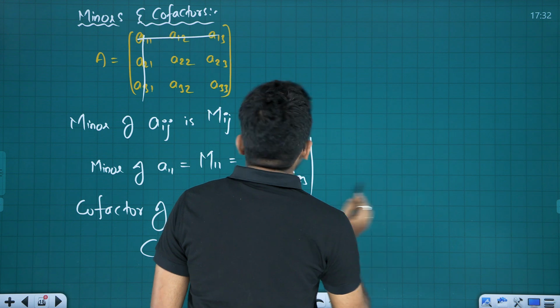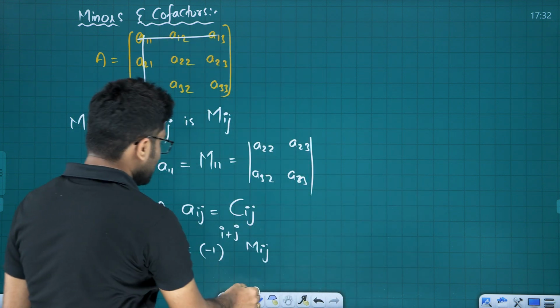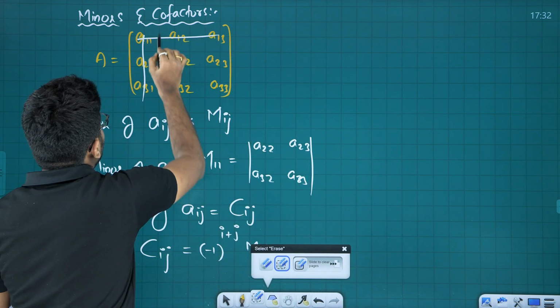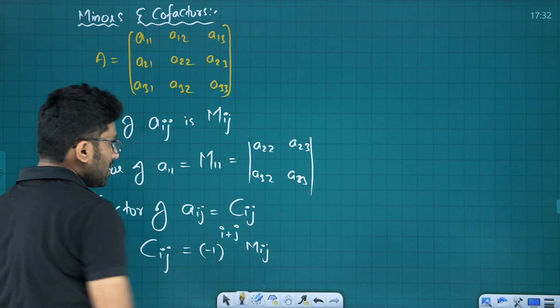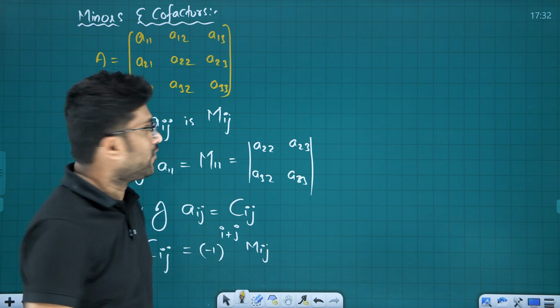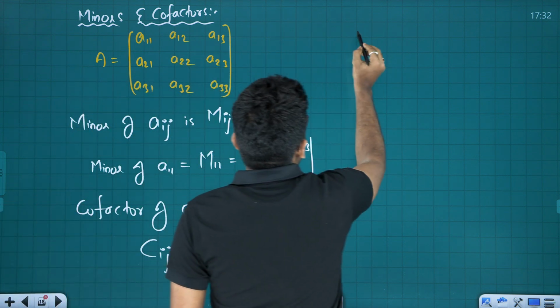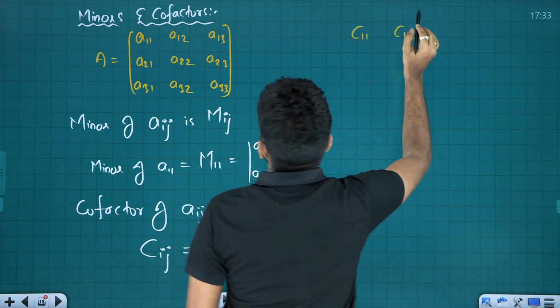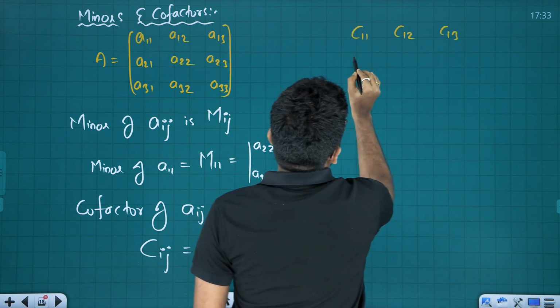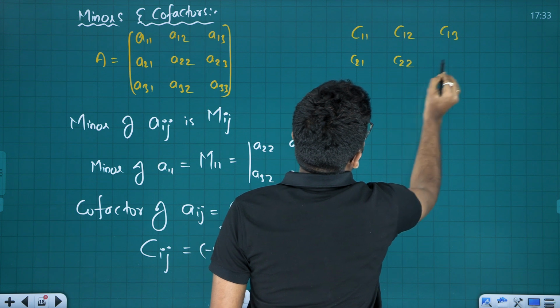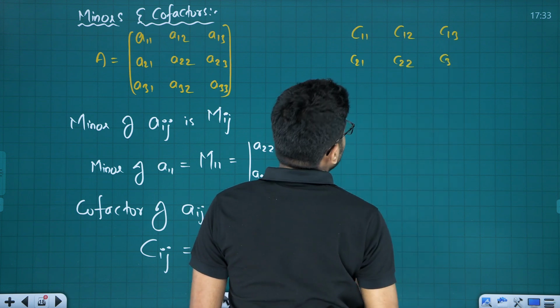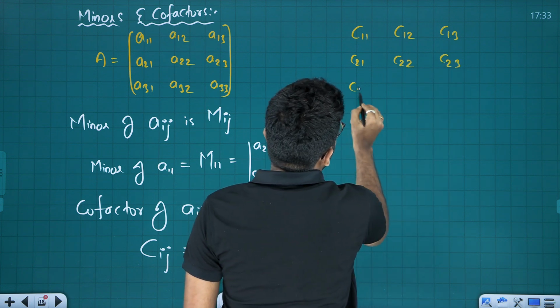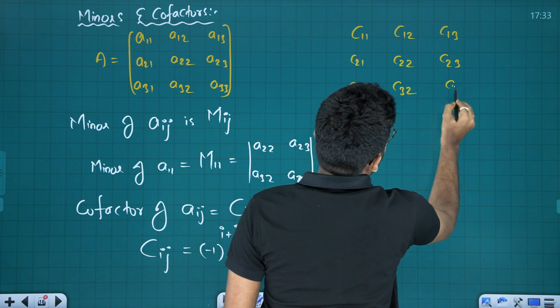Now suppose all the elements of a matrix, friends, are replaced by their corresponding cofactors. Let's say the corresponding cofactor of A11 is C11, then C12, C13, C21, C22, C23, C31, C32, C33.